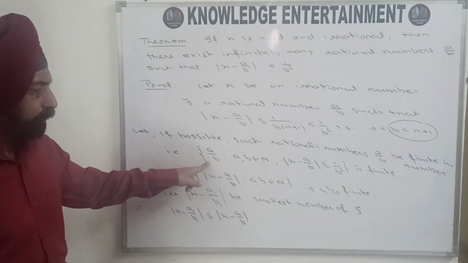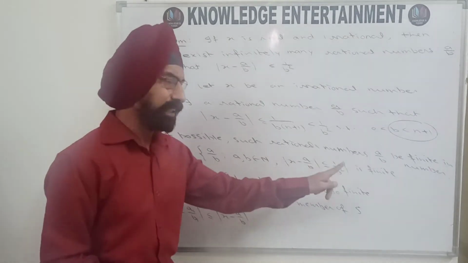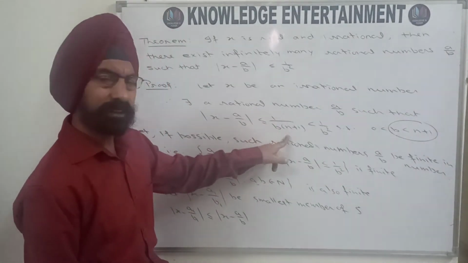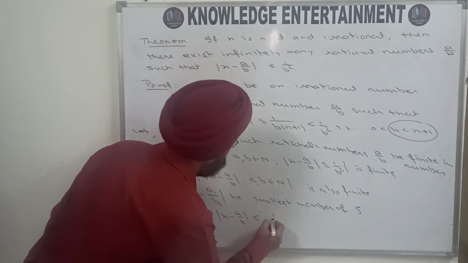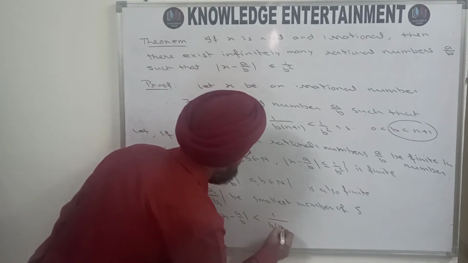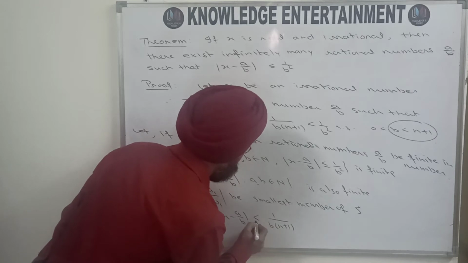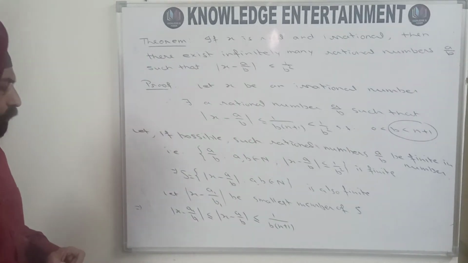But the rest of the numbers of the set satisfy this, is strictly less than 1 upon b into n plus 1, or you can say less than or equal to.